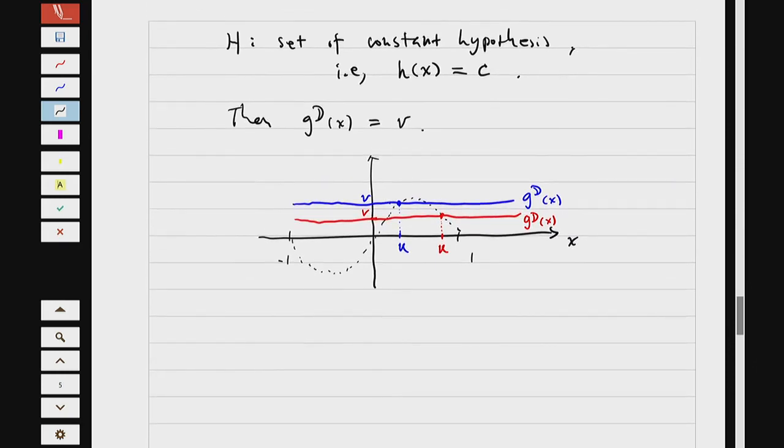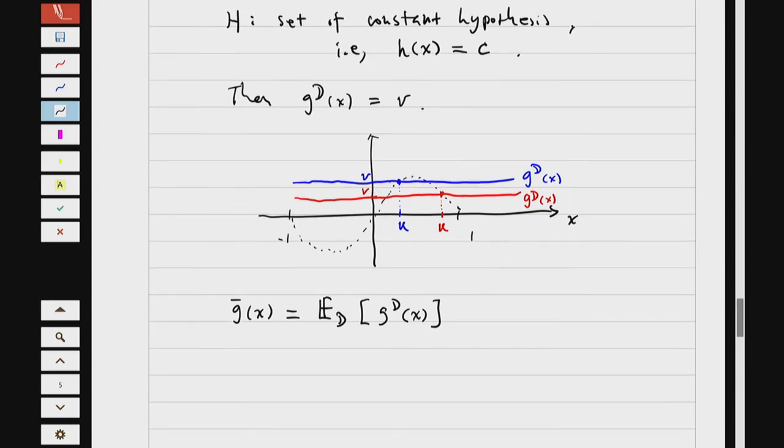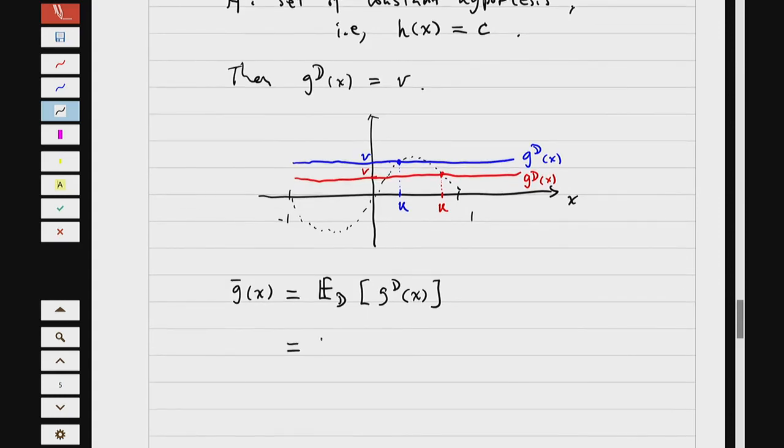Yeah? What is the average hypothesis? Well, it's the expected value over D of g_D, right? By definition, this is the average hypothesis. Yeah? What is this equal to? Well, this D, the only one data point, right? Same as the expectation over U, right?